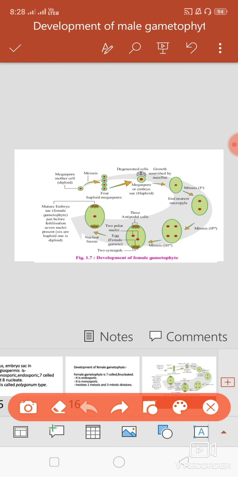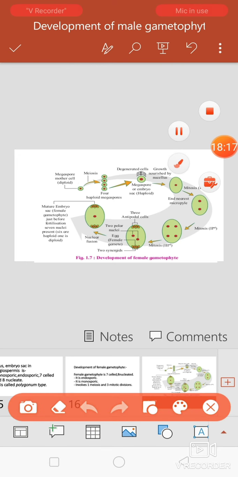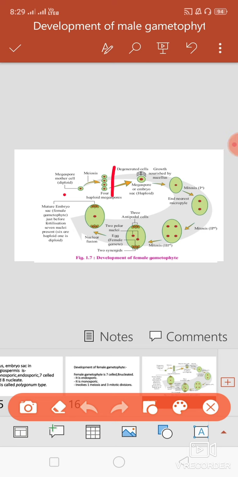Simple process. See again what happened. One of the cells from the nucellus toward the micropylar end becomes active and acts as the megaspore mother cell. This megaspore mother cell undergoes meiotic division to form 4 haploid megaspores.